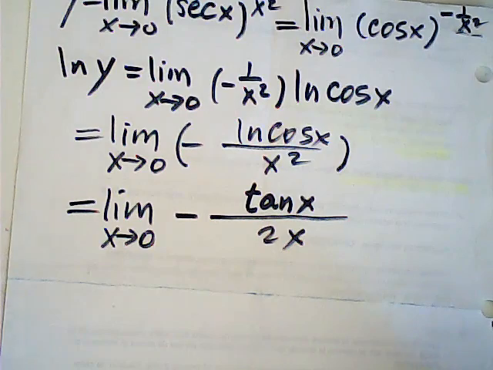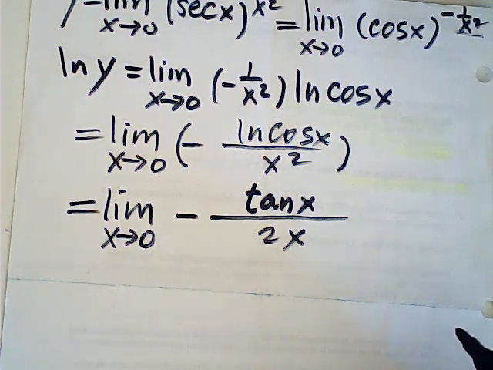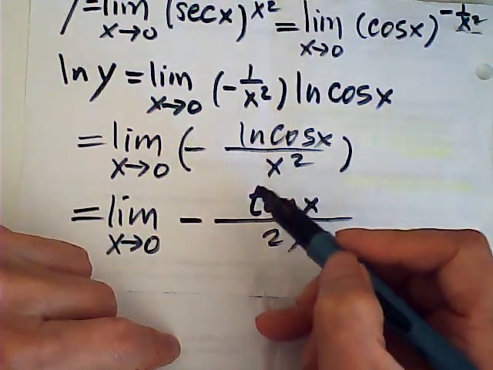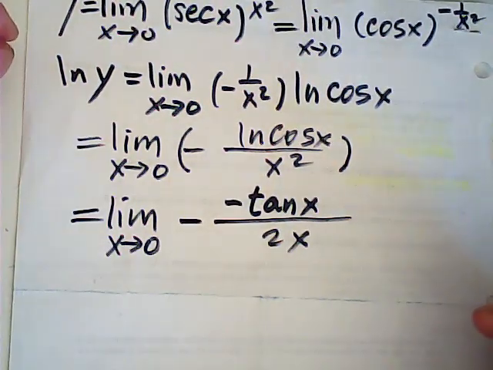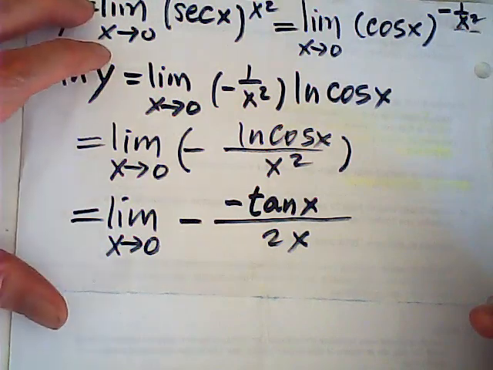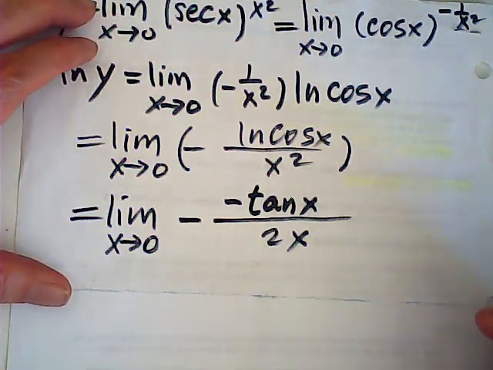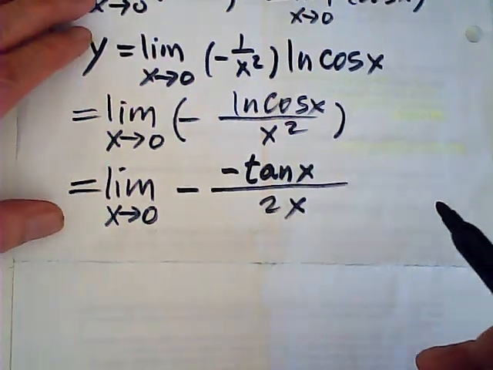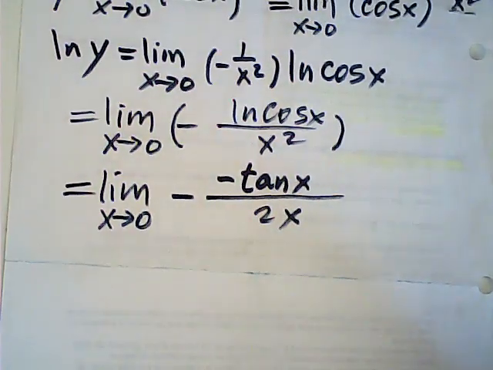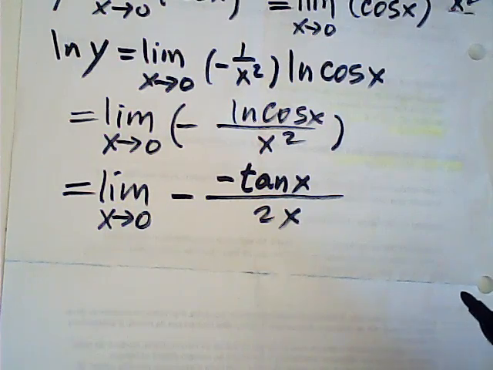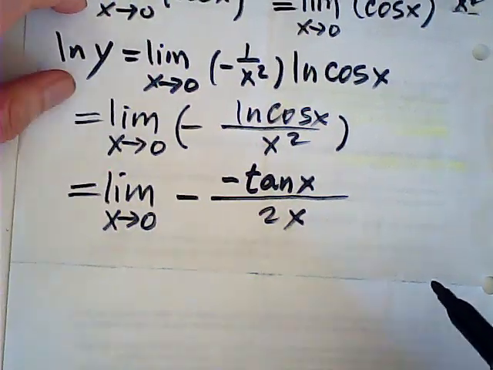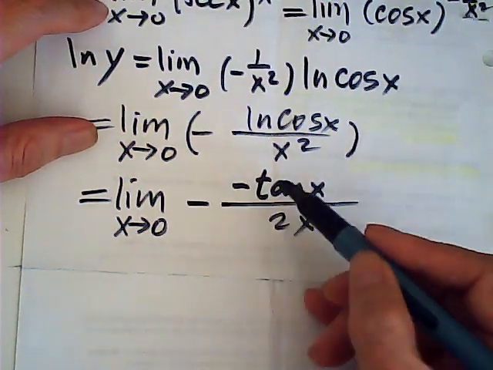Tangent x. Well, the cosine gives negative, so the derivative is negative tangent. Okay, cancel the negative.